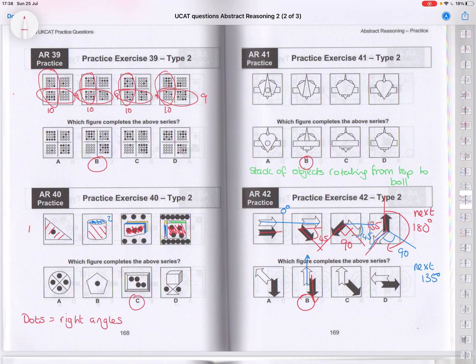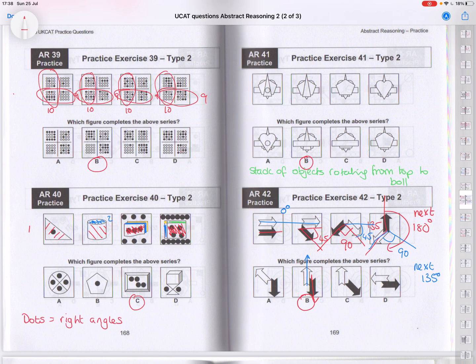Question 41 is basically, if you just imagine each of those objects is a piece of card cut out, and you are moving those cards from the top to the bottom, from the top to the bottom. So the circle goes to the bottom first, then the triangle goes to the bottom, then the pentagon goes to the bottom, then the heart goes to the bottom. And what can you see?